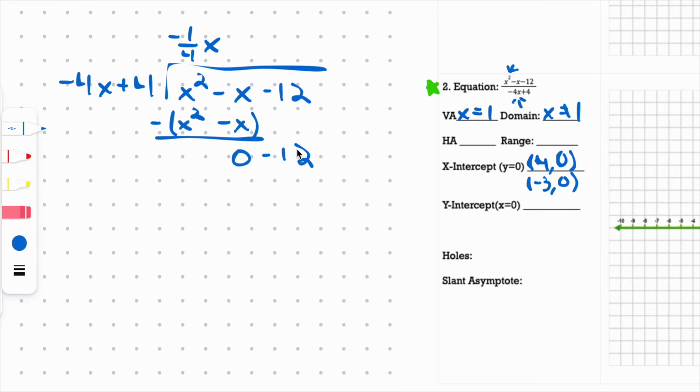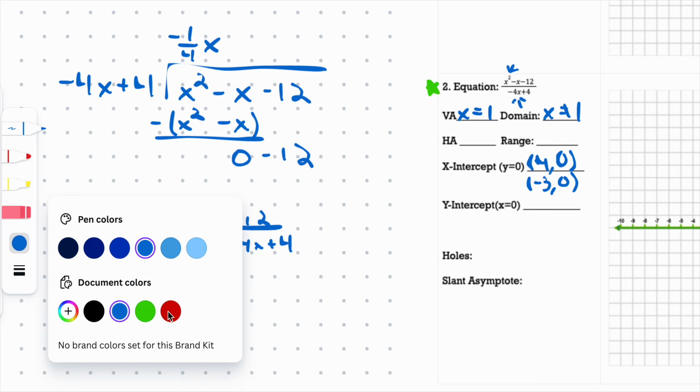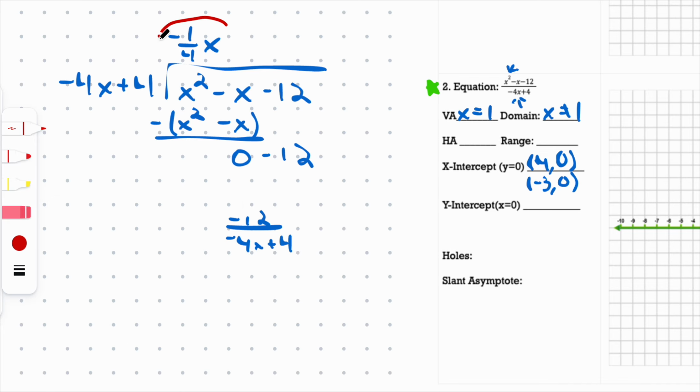So we're basically left with this remainder, where we would say something like -12 over -4x plus 4, and so on. But this is sufficient information. Even if you're left with a remainder, it's fine. We don't care about that.